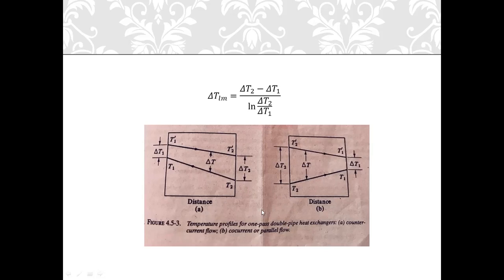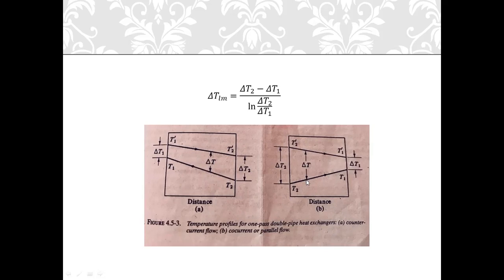So if we have fluids flowing through concentric pipes, one being heated by another or one being cooled by another, the temperature difference profile is not constant. That's the main principle that I'm going to state and emphasize here. The delta T difference is not a constant, as you could see here, whether we have counter current flow or parallel flow.